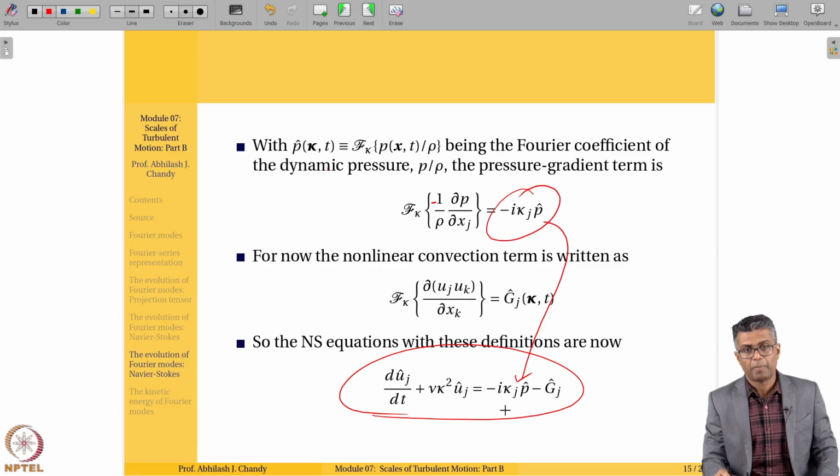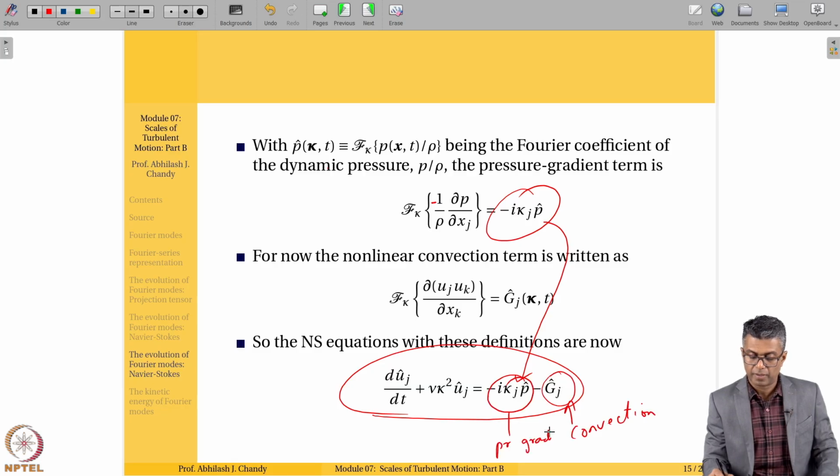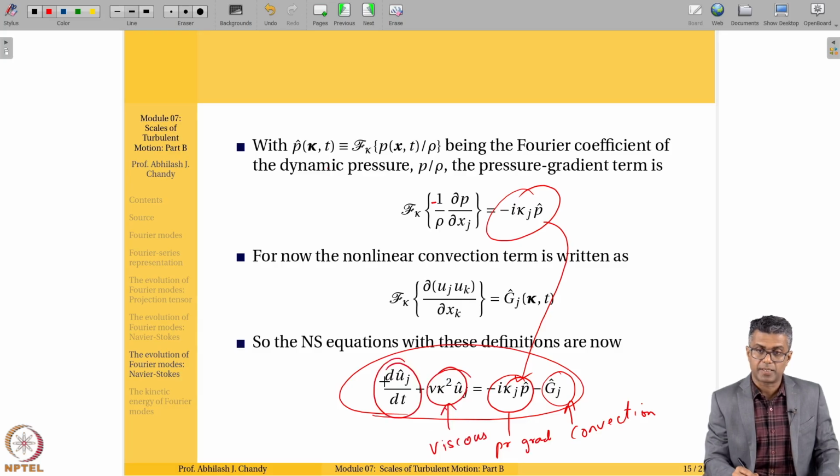So that became minus i kappa j p hat minus gj hat. This is the nonlinear term. So this is the convection. This is obviously the pressure gradient. This is the viscous term. And this is the time dependent term.